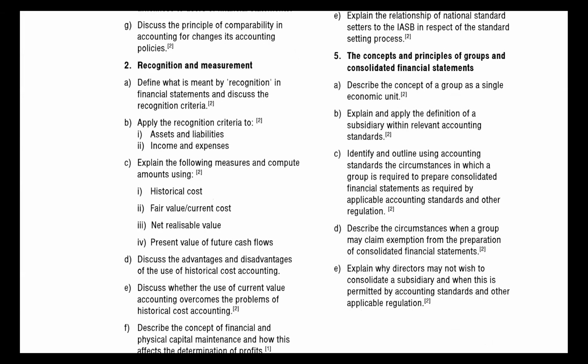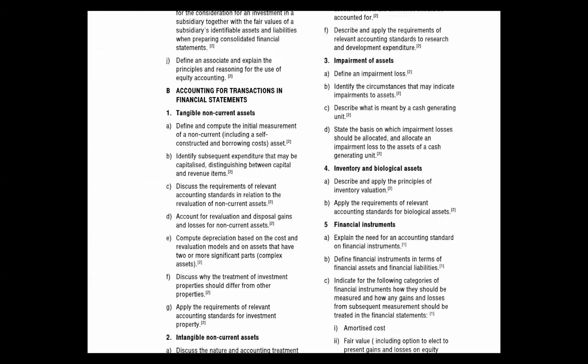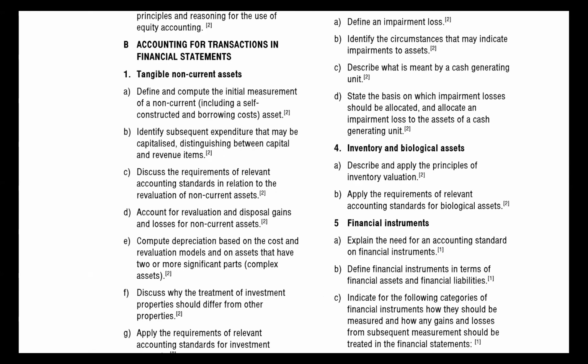We will not end there. We will even describe the circumstances when a group may claim exemption from the preparation of the consolidated financial statements and what actually happens and what we have to do in those cases. That is what happens during the first part, in a nutshell, of the financial reporting.